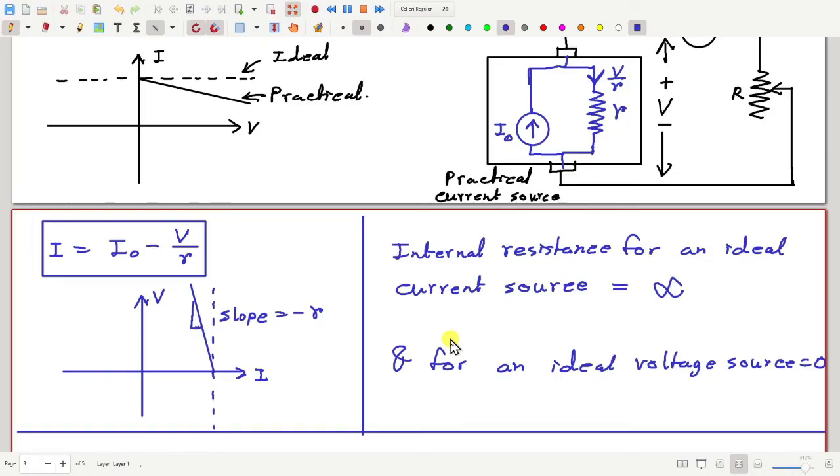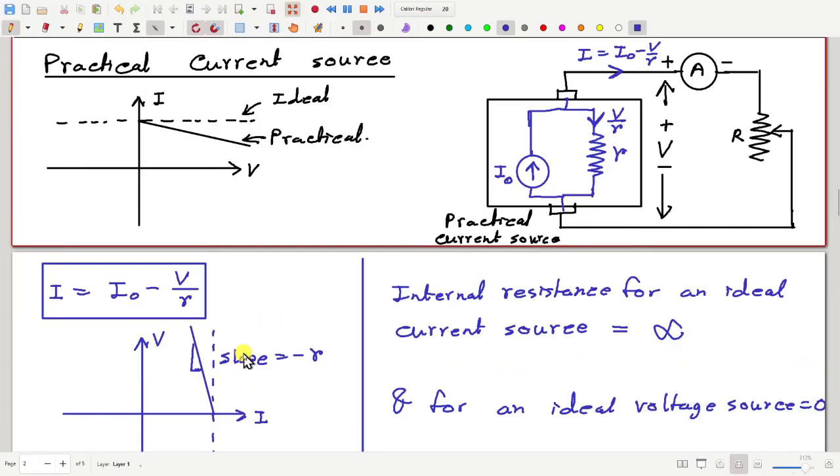One way of finding I naught is you measure the ammeter reading in this circuit when this resistance R is 0. That means voltage is 0, because in this graph you will see that when voltage is 0, the current is equal to I naught.